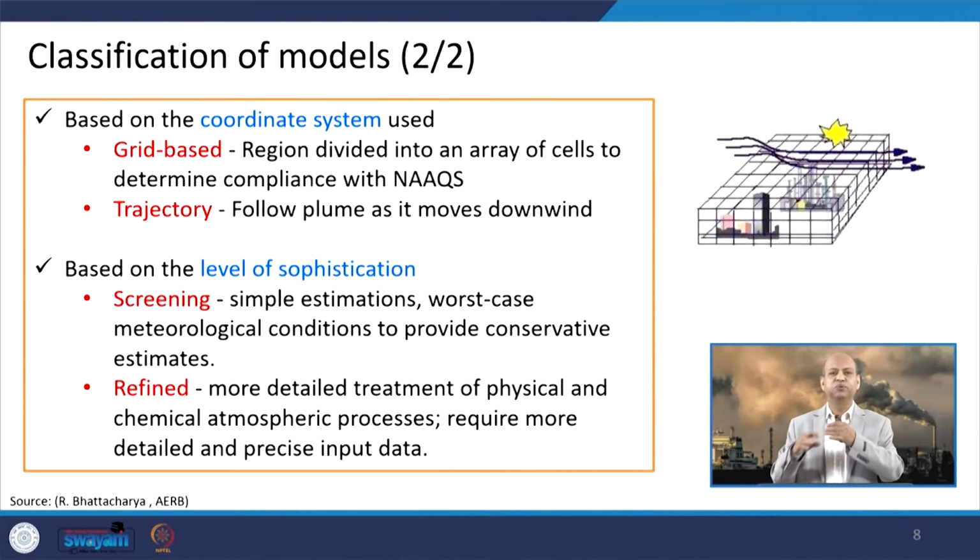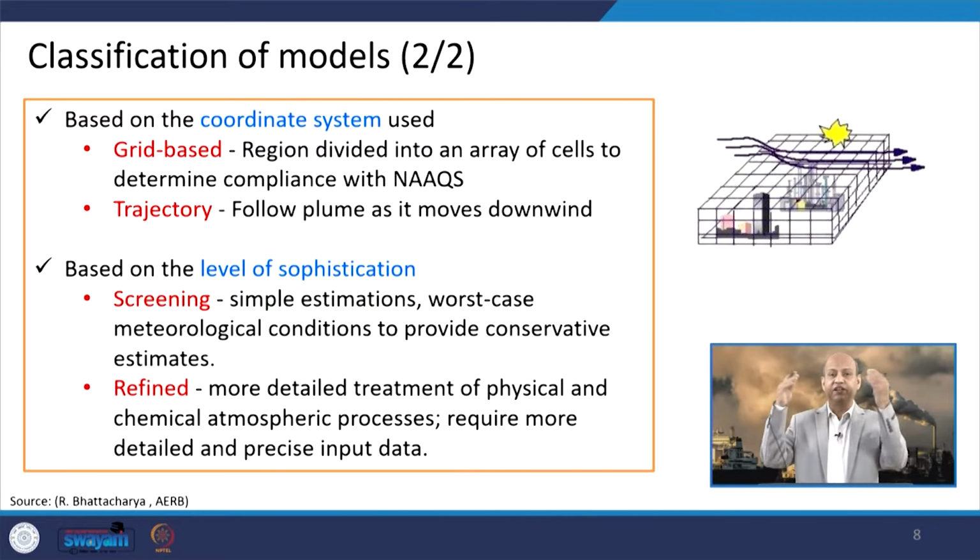Then there may be other classifications, like based on coordinate systems. In a grid based system, the region is divided into an array of different cells, which can determine compliance with national ambient air quality standards. The trajectory approach follows a plume as it moves in the downwind direction. In a grid, we can divide the whole urban area into certain grids.